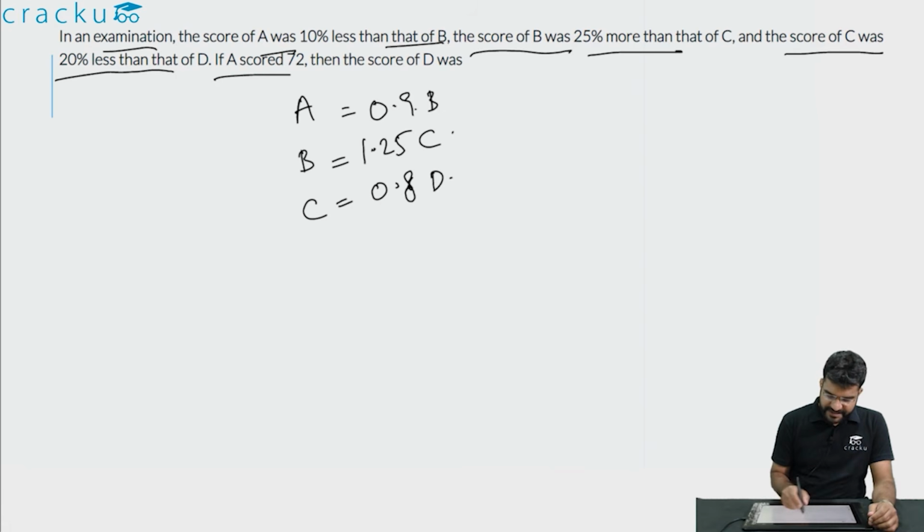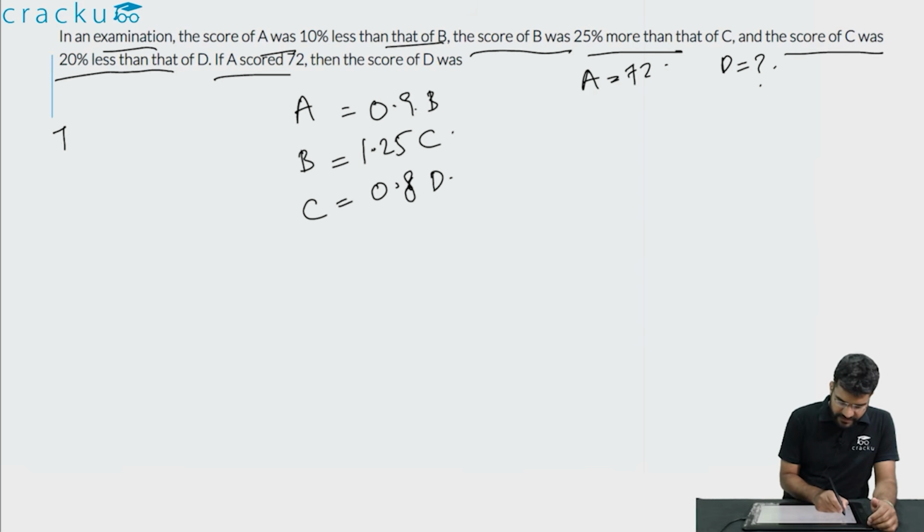We are told that A scored 72, and we are required to find out the value of D. So we can easily calculate the values of B, C and D. As A is equal to 72, 72 is equal to 0.9 into B, or B is equal to 72 by 0.9, which is 80.